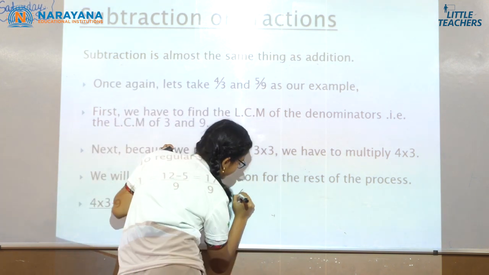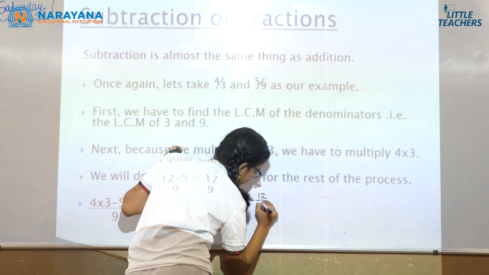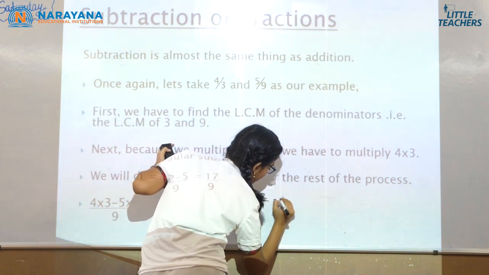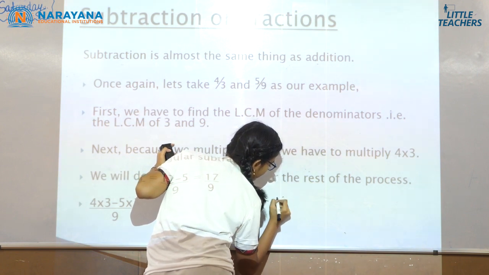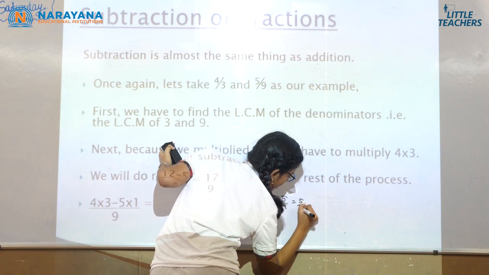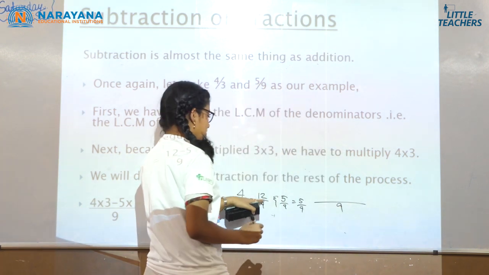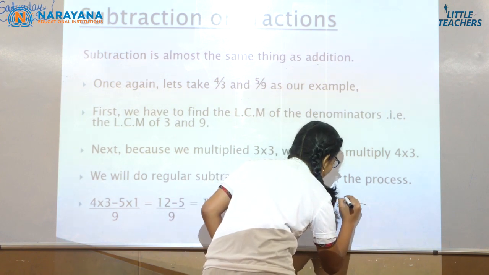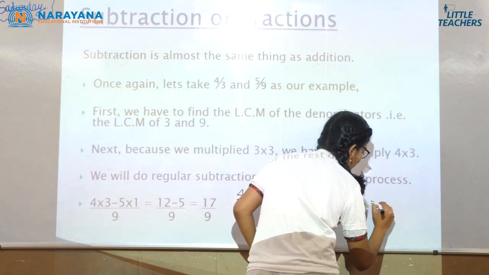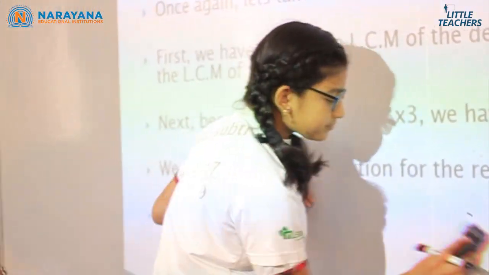So, again we have 4 by 3, which can also be written as 12 by 9, and we have 5 by 9. Now I will take the whole denominator as 9, I will take 12 and minus 5, which means I will get my answer as 7 by 9.